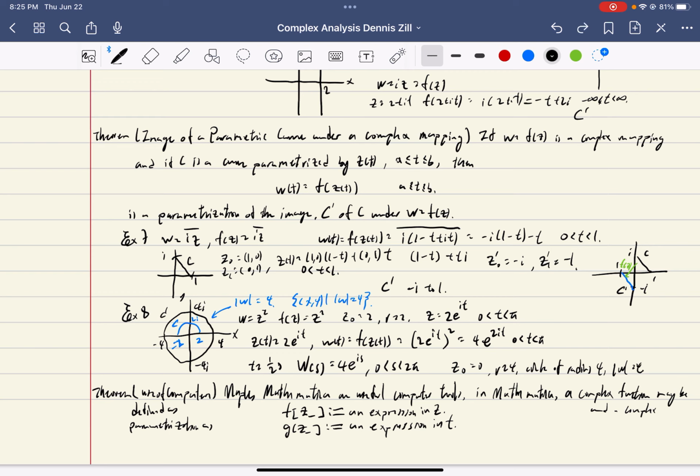Maple and Mathematica are useful computing tools, and in Mathematica, a complex function may be defined by f of z, then you have underscore, and then colon equal to an expression in z, and then similarly for g, but I think I wrote something wrong.